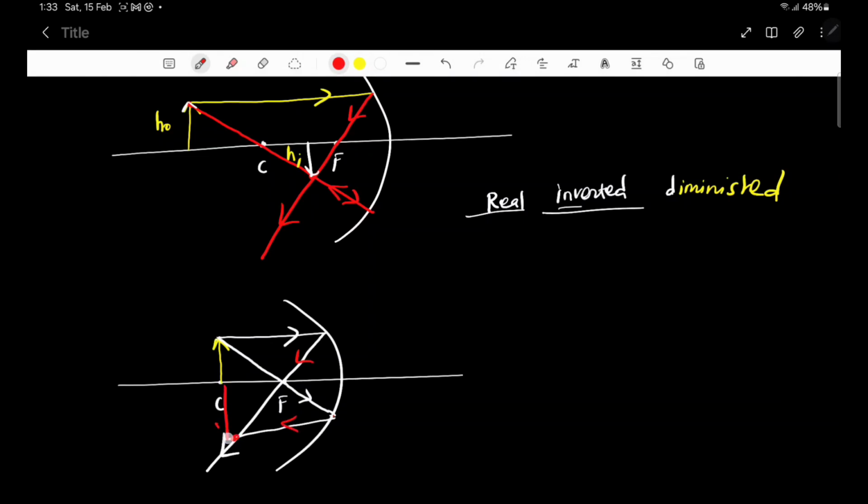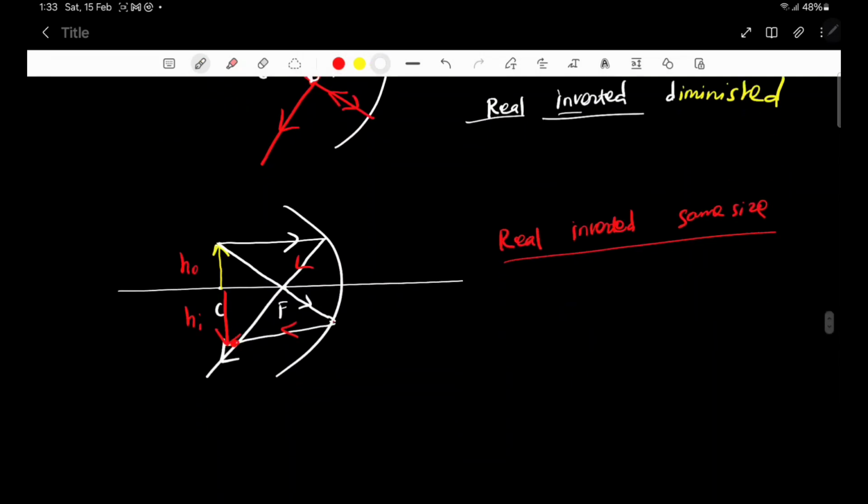So that's where the final image is formed. If you look at this image, you can see very clearly that object size and image size are nearly identical, right? It's the same. So what did we get? We got a real, inverted image, and the formed image has the same size as that of the object.